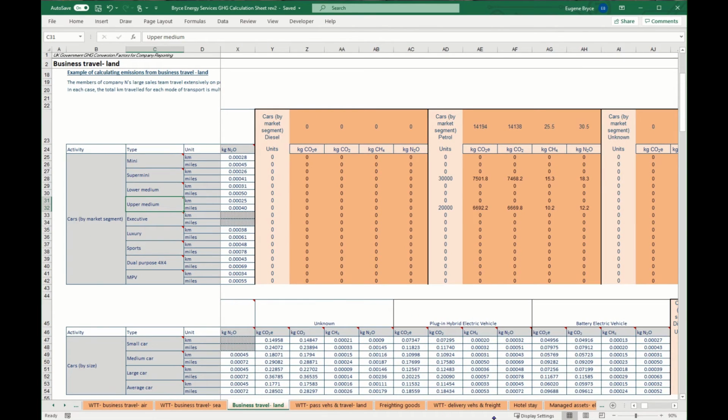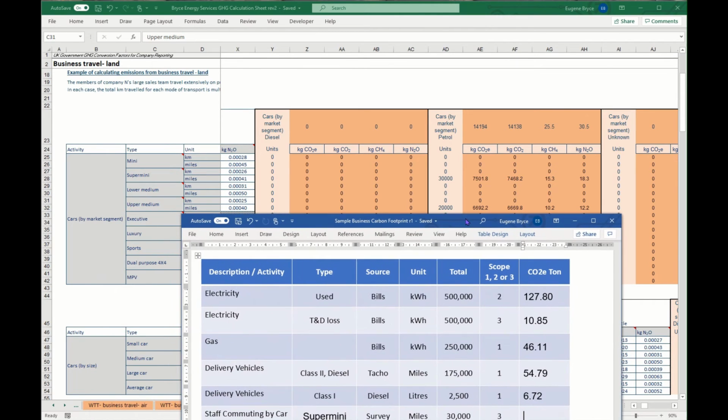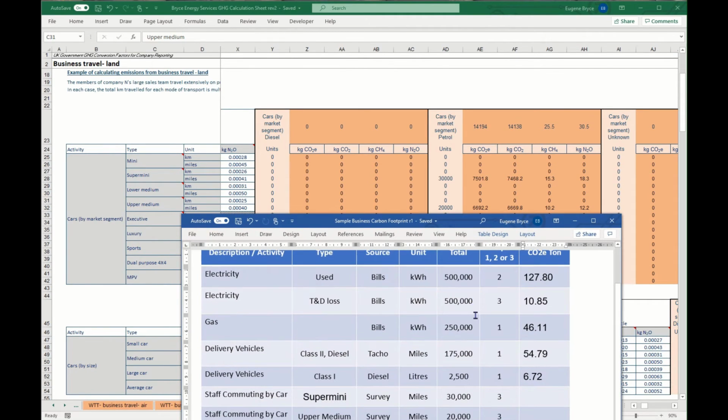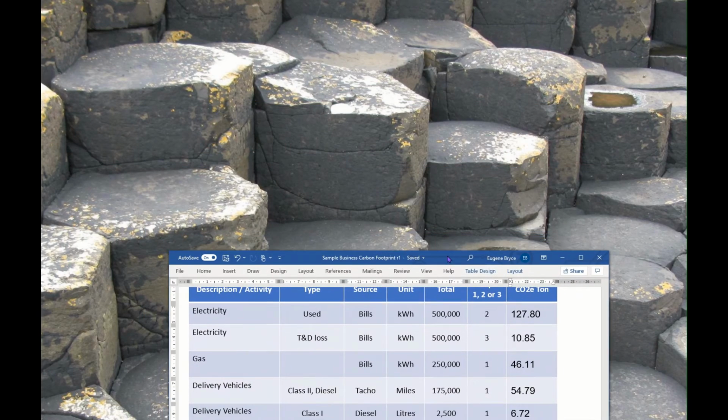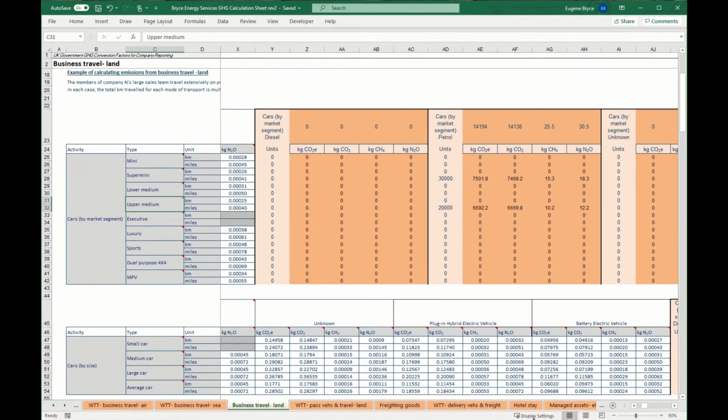Taking a little longer, but it's worth the effort. Super mini 30,000 gives 7.50 tons. And for the upper medium, 6.692, so I'll call it 6.70 tons. I'll save that so I don't lose my work. Oops, lost my Excel. There we go.